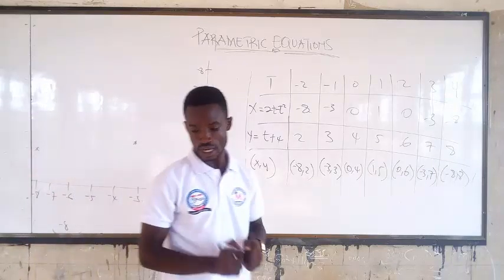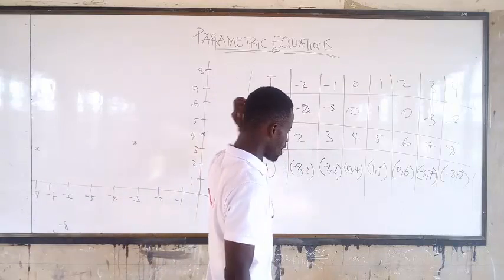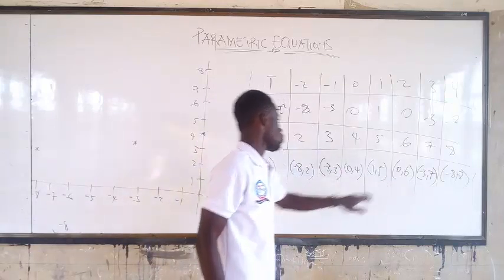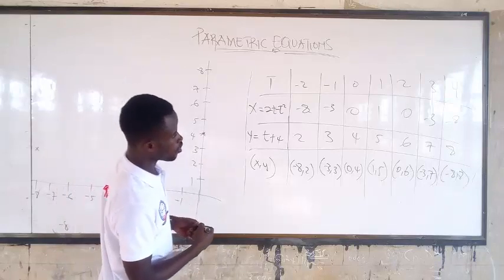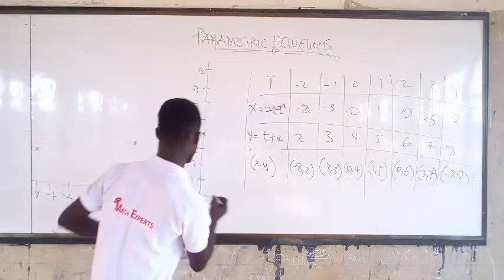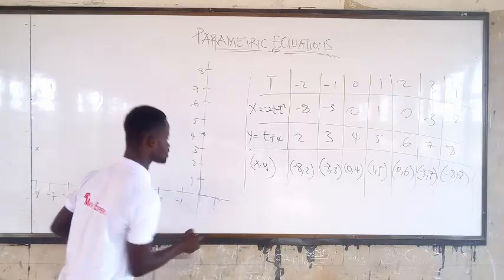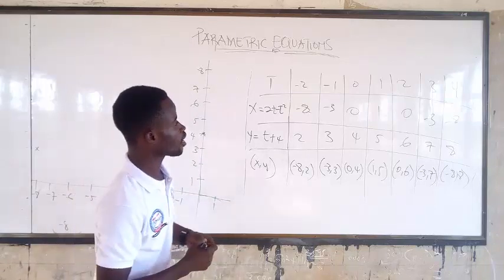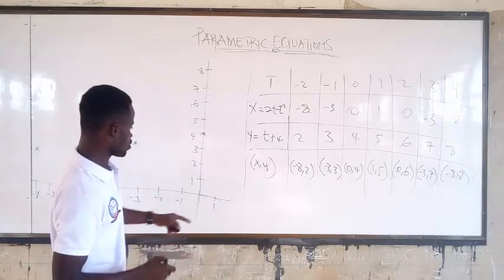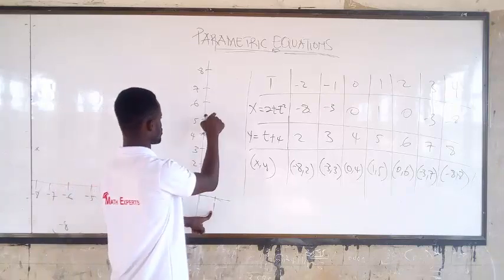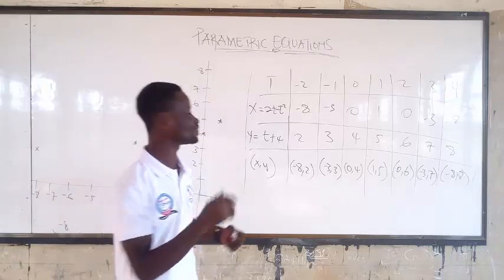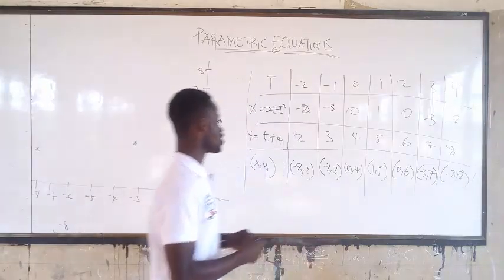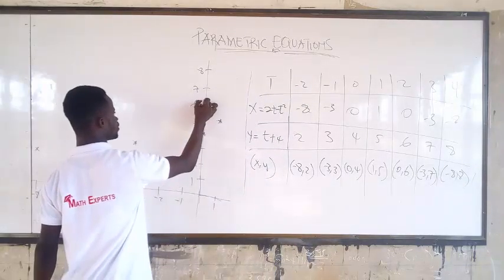Beautiful. Let's continue. What do we have here? 1, 5. So we will need positive 1 here, don't worry. 1, 5. That will be here. Beautiful. 0, 6.